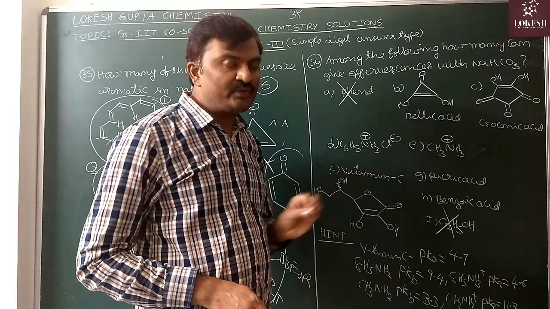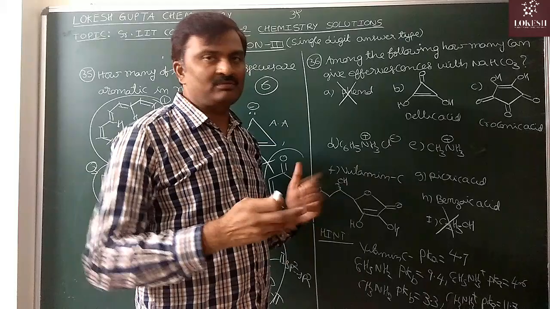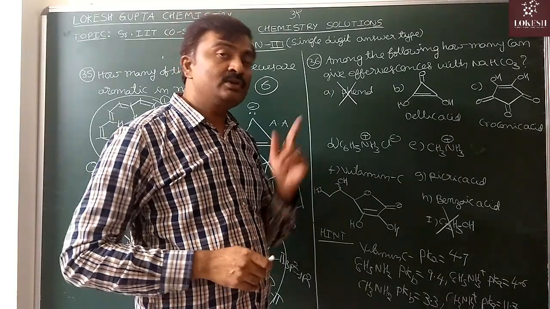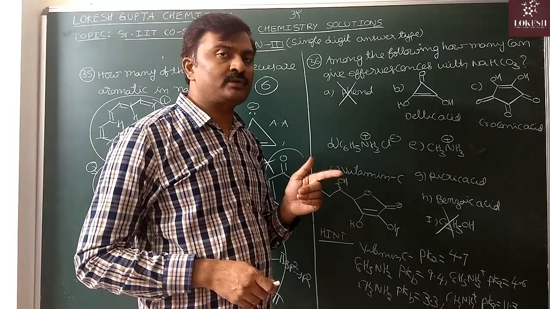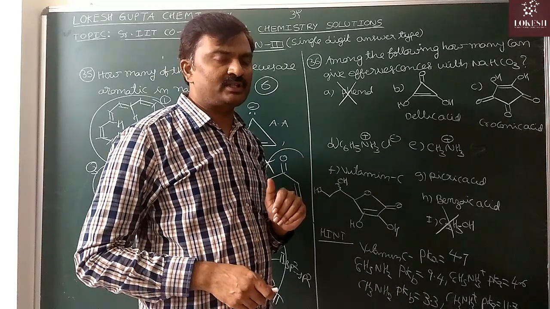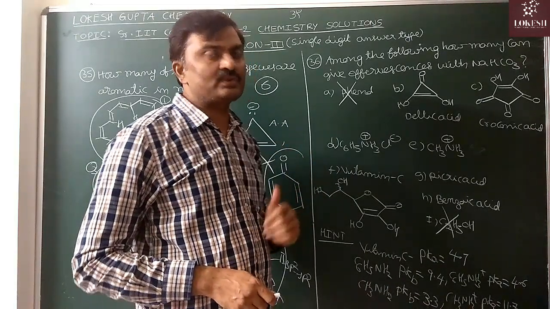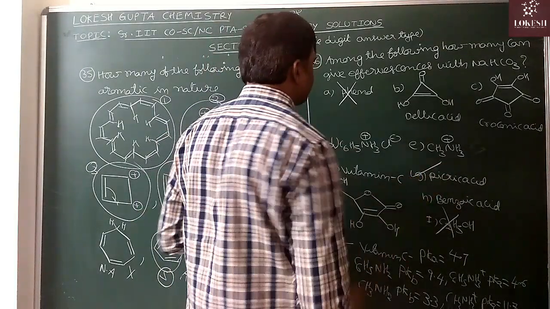In phenol, if you substitute electron withdrawing groups like NO2, with one NO2 it is still less acidic only. 2,4-dinitrophenol, 2,4,6-trinitrophenol, that is picric acid. These two are more acidic than H2CO3 and can give effervescence with sodium bicarbonate. So picric acid is correct.